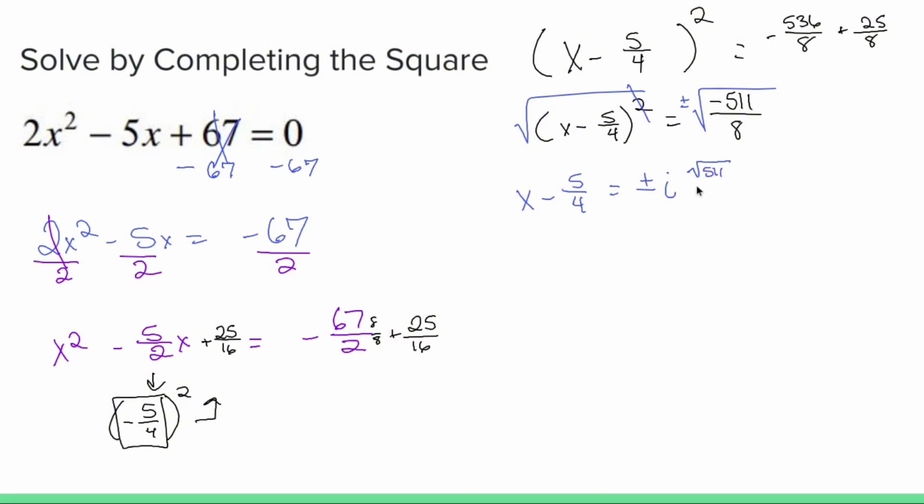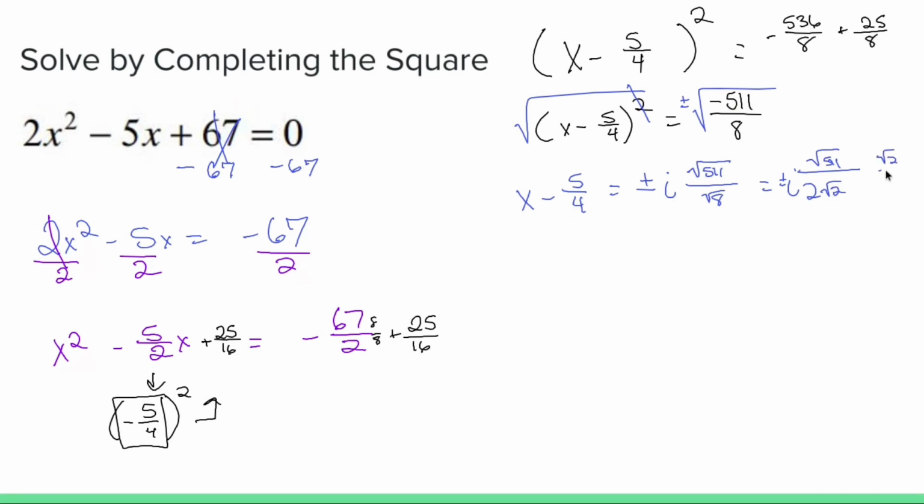I don't think you can make a factor. In fact, I'm not even going to bother. I'm just going to leave it. The denominator becomes the square root of 8, though. The square root of 8 is also the same as 2 root 2. So it's the same as plus or minus i square root of 511 over 2 root 2.